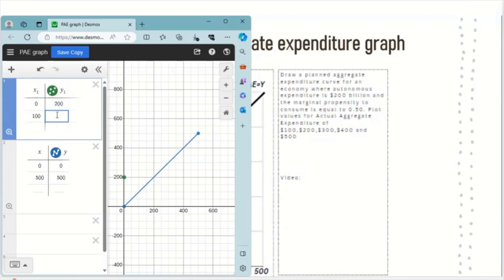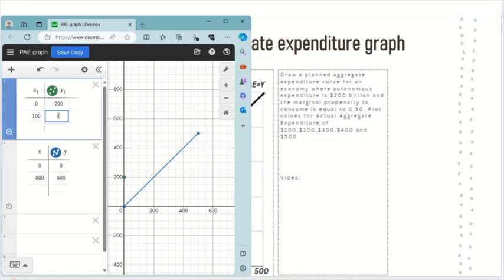Keep in mind this X would be income and this Y would be consumption. So we have this 0.50 that we're going to utilize, which is the MPC, which measures the amount by which consumption increases when income increases. And if income increases by 100, and the MPC is 0.50, then consumption will increase by 50.